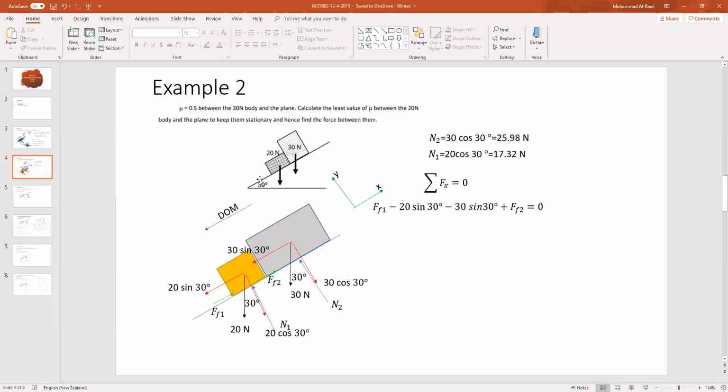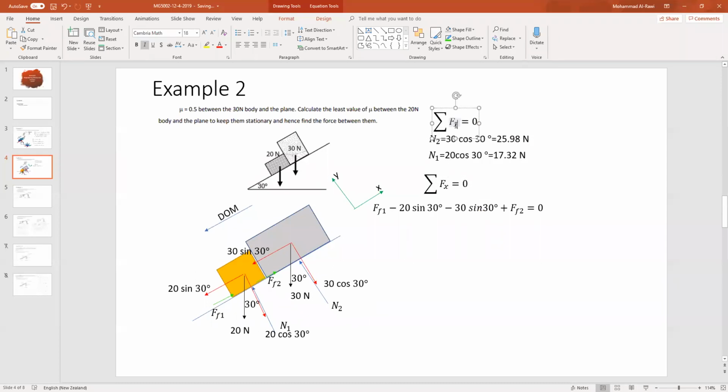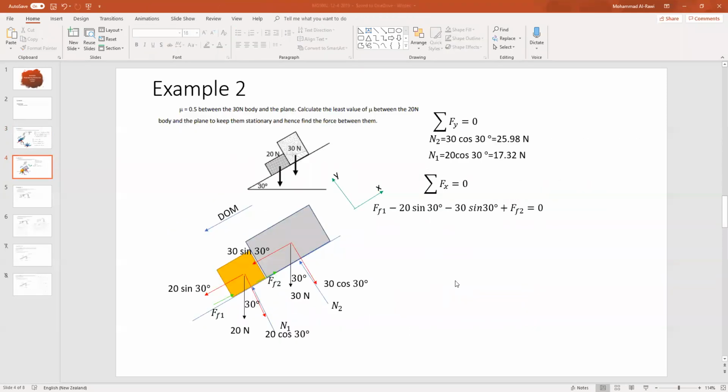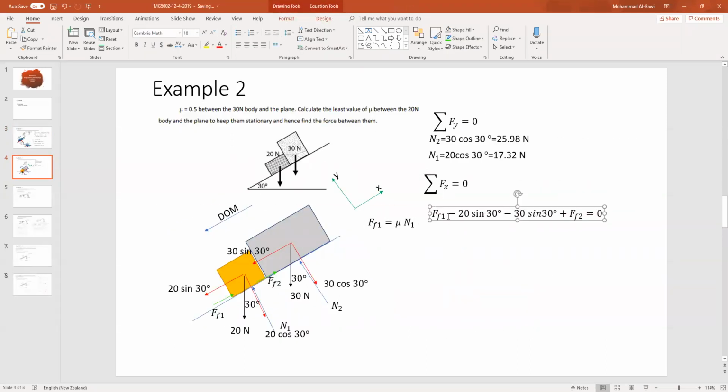So we took the vertical forces on the Y, what's on the Y, and we took all the forces on the X. If it's confusing you guys, I would just put that on top of it so you understand. These equations came from solving in terms of Y, and the second one came from solving in terms of X. Now, we know there is a relationship between the friction force and the normal force.